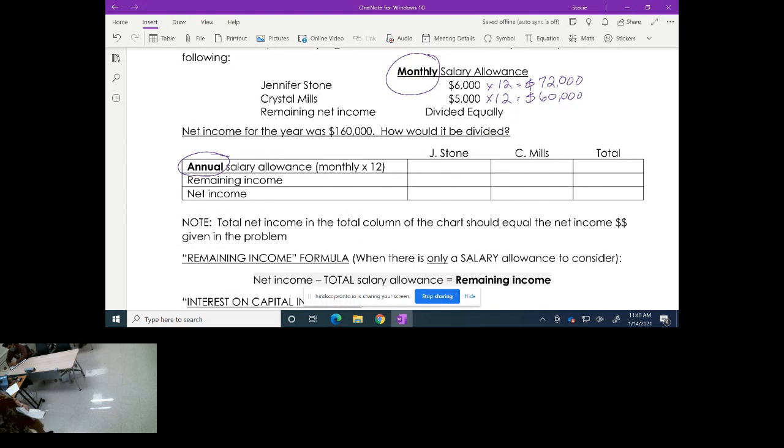All right, so they've got their salary amounts. Anything left over is divided equally, and here is our net income. All right, so Stone's salary is 72. Mills is 60. So I'm just filling in the blanks and then total it across.